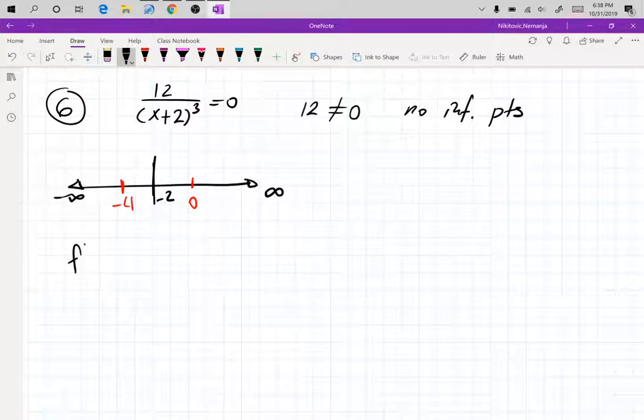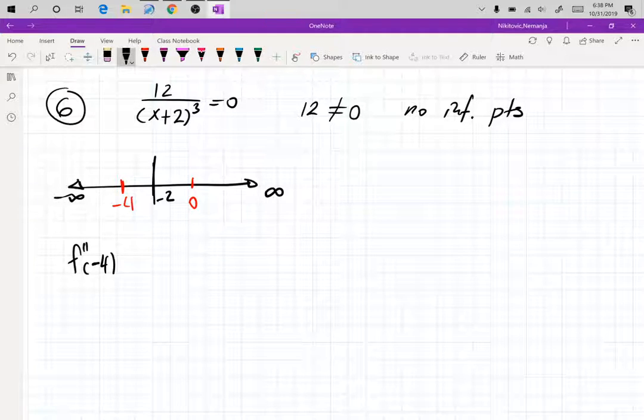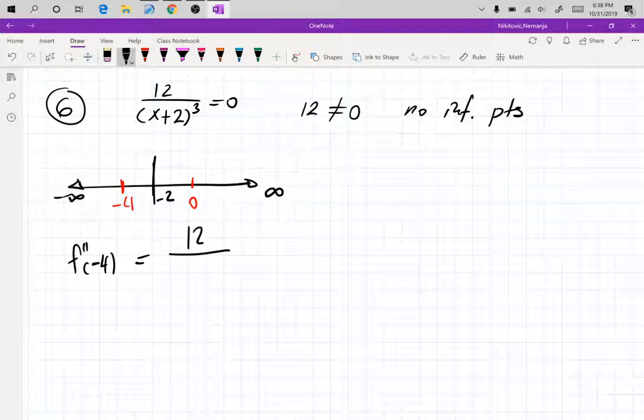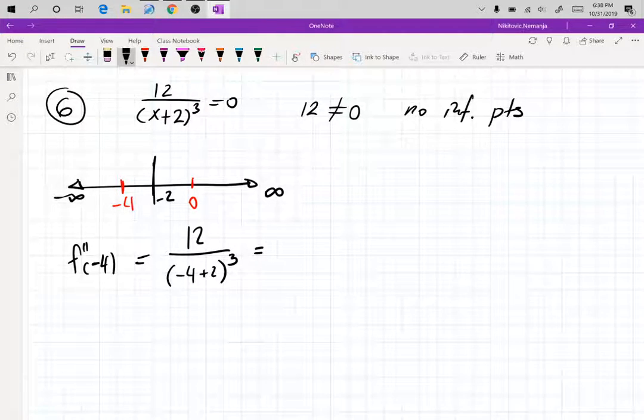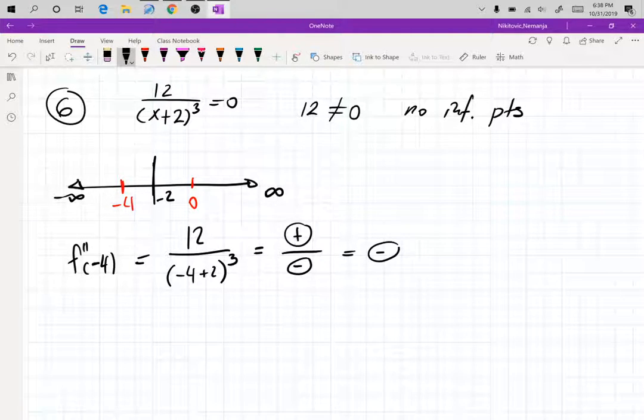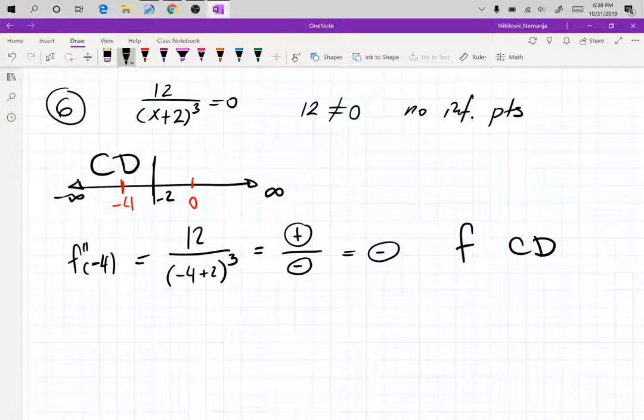And to find our second derivative at -4, we have to go, say, 12 divided by (-4 plus 2) cubed. Now, guys, cube is tricky because it preserves the sign inside the parenthesis. The sign inside the parenthesis is negative this time because you have -4 plus 2, that's -2. So this will be positive divided by a negative, which is negative, meaning the function is concave down.